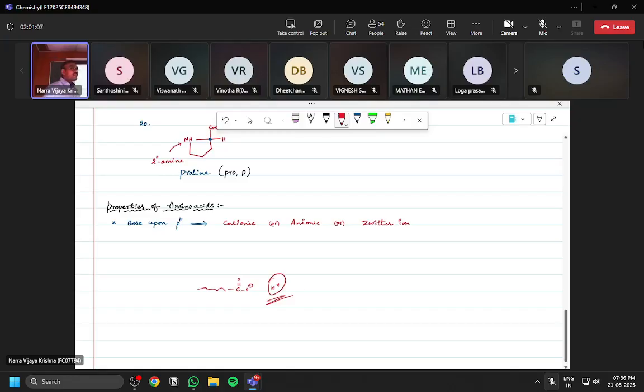Basic. Correct? So based upon the pH of the solution, from the amino acid either H plus will be gone, or that NH2 group may gain H plus to form NH3 plus, or both may happen.